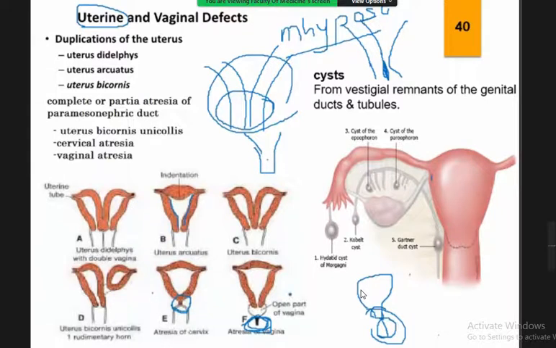Well, the illustration here only shows us bicornuate, but in a unicornuate uterus, it may be that there is formation of one horn of the uterus, or sometimes one horn of the uterus forms to connect to the cervix and vagina, and there is a rudimentary horn that has formed.